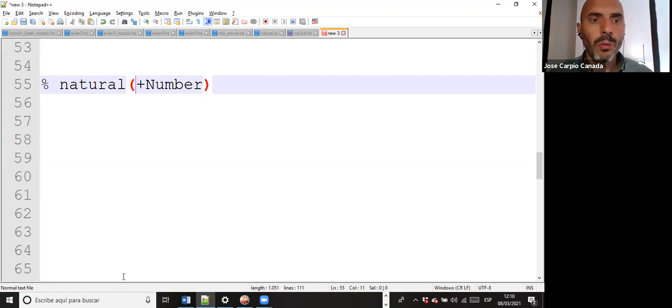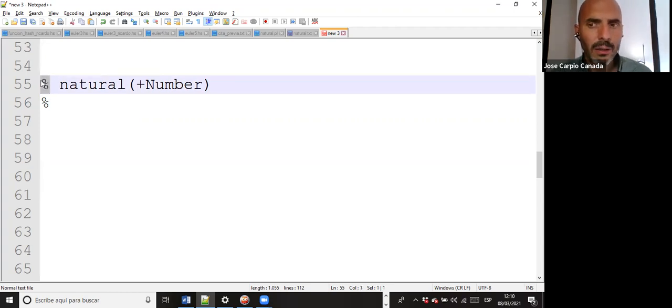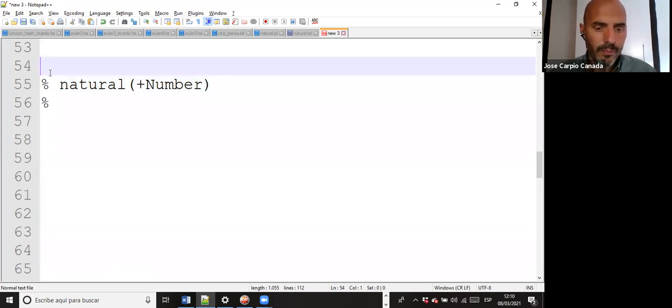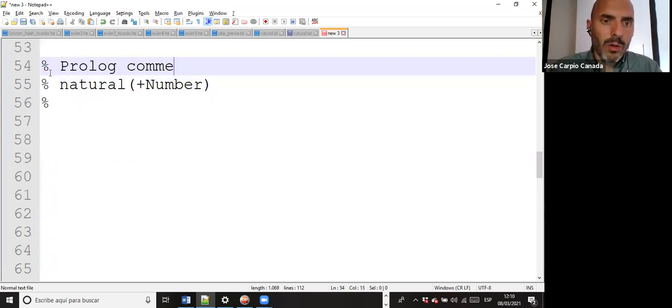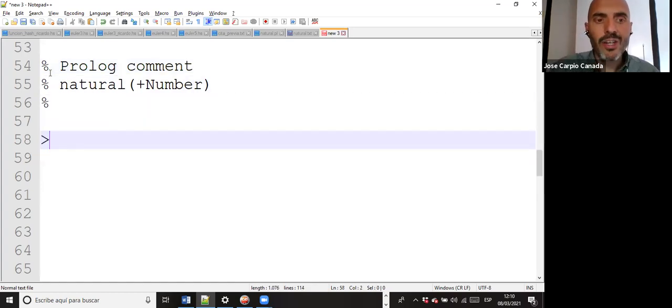I'm going to explain what that plus here means. Forget this plus for now. It's not part of the code. This is a comment in programming languages, and we can use this symbol in Prolog to put some explanation about the code.